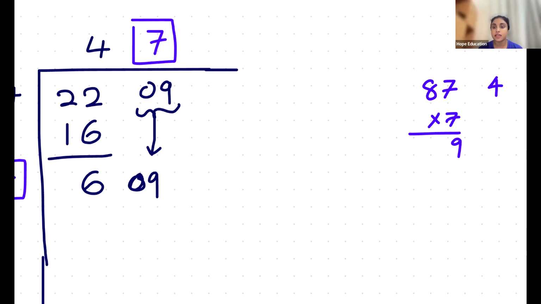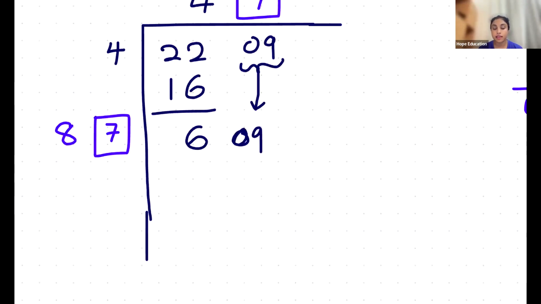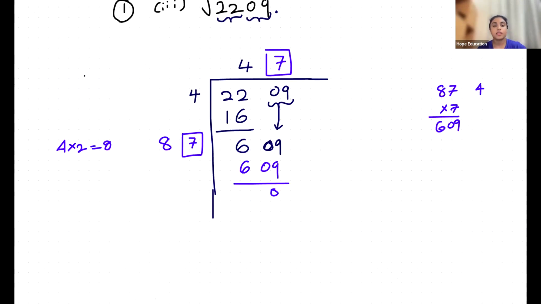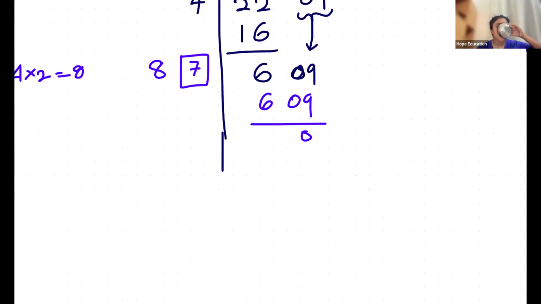We get a perfect answer here. Good. Therefore, the root of 2,209 is 47. It's exactly 47.